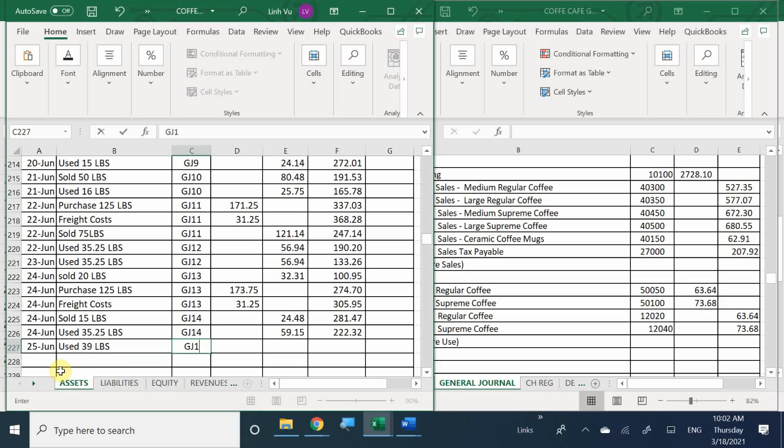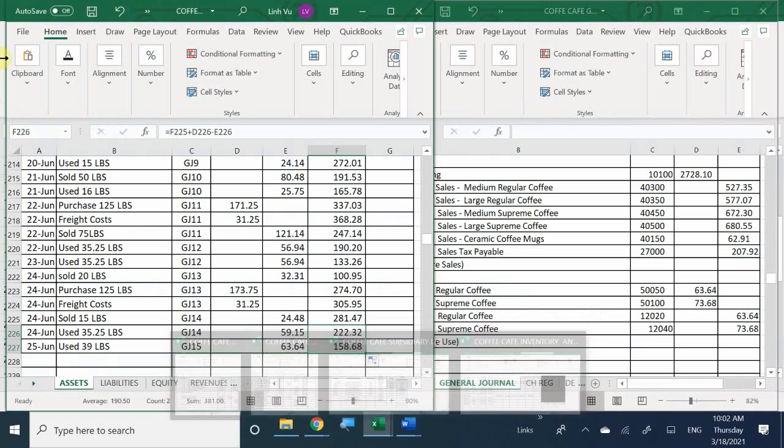General journal number 15 for a total of 63.64, bringing our account balance to be 158.68. Okay, and that should match our inventory worksheet.